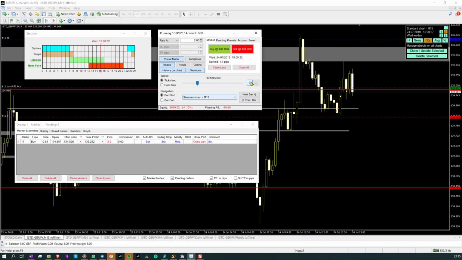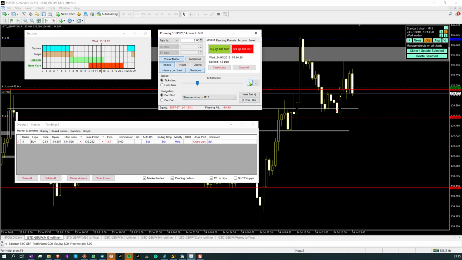This is just garbage, man. Just garbage. It's just ranging now. Rejecting this area again.